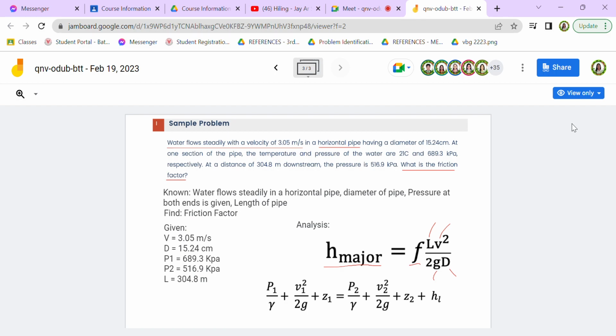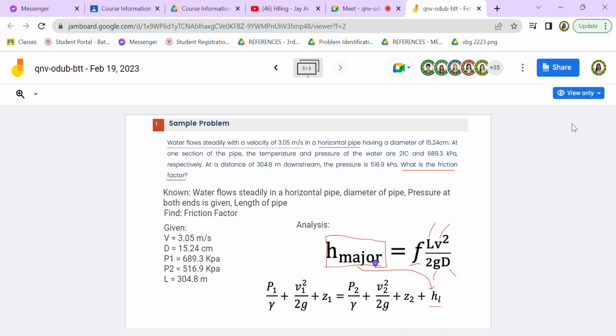Now we need to correlate this H major or major head losses in the Darcy-Weisbach equation to the major losses given in the Bernoulli's equation. So this is equivalent only.